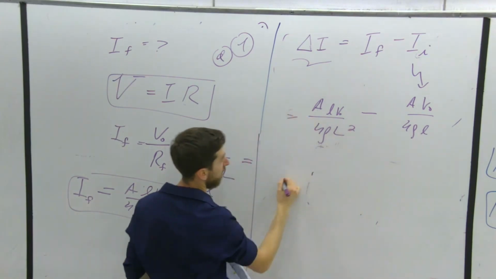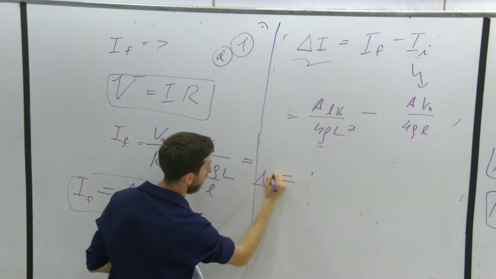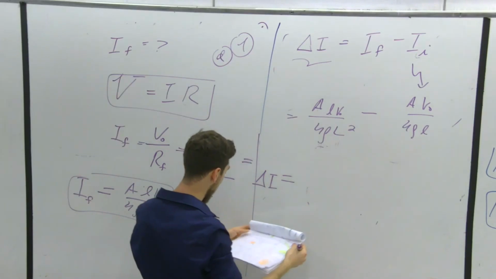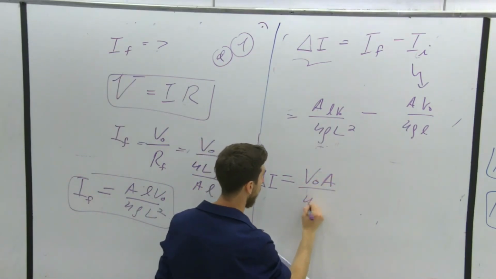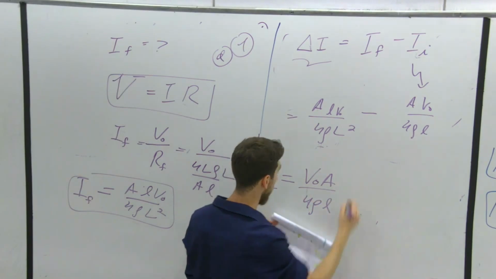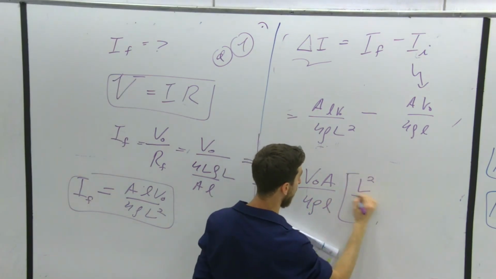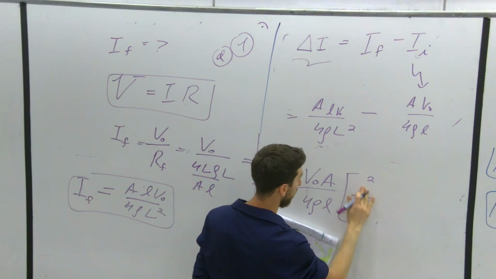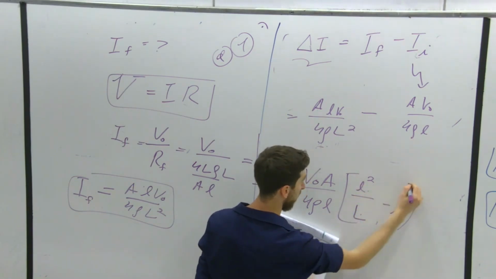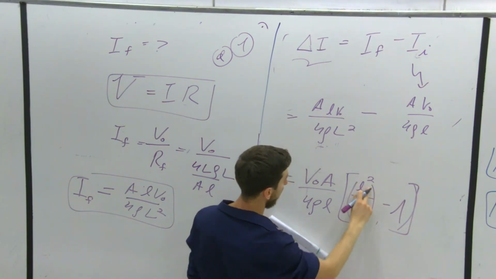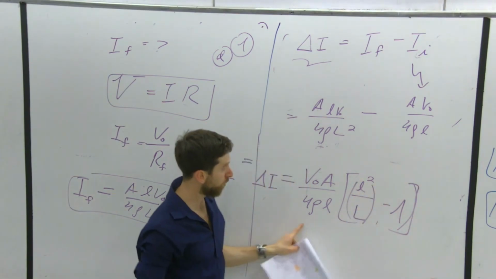And if I'm gonna do it right, I'm gonna have the delta I here. And outside, I can pull this term, V0 over 4 rho L, and small l divided by L minus 1. And this one is like this, okay? So this is the term.